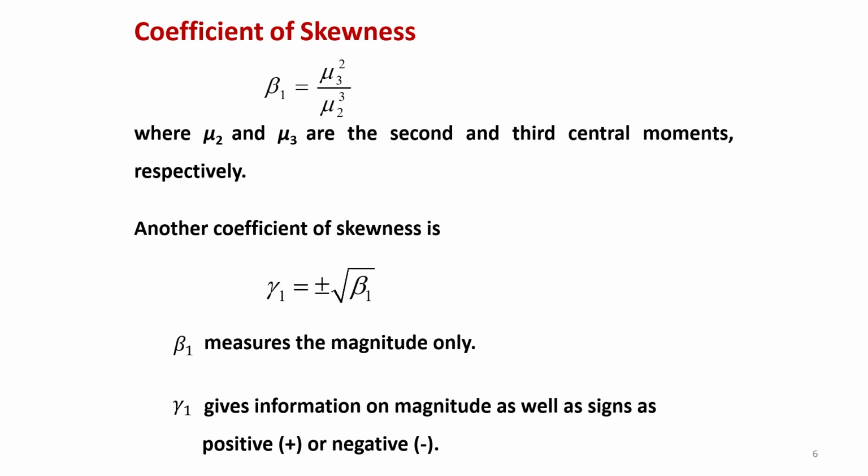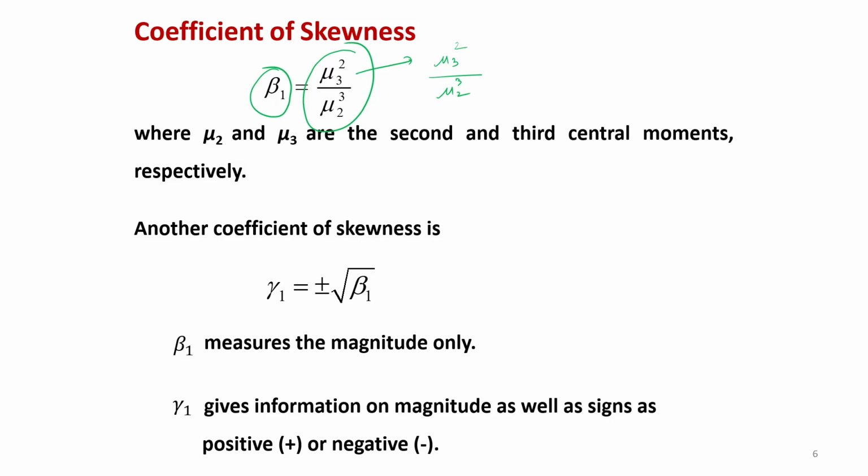We define the coefficient of skewness as mu3 square divided by mu2 cube, and this coefficient is indicated by beta 1. Here mu2 is the second central moment and mu3 is the third central moment. Try to see what we are doing: we take the third central moment and square it, and then divide it by the cube of the second central moment.